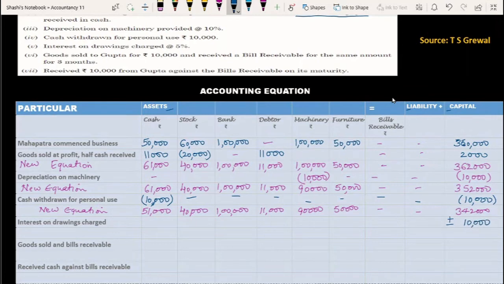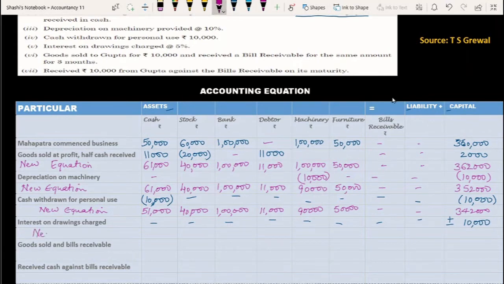So remember, interest on drawings, interest on capital, these are the things which is affecting capital account of the proprietor, as well as business expenses and income also. So it will be shown in the capital. This is the transaction which affects only capital, plus and minus. So all other things will remain same. And again we are going to have a new equation.